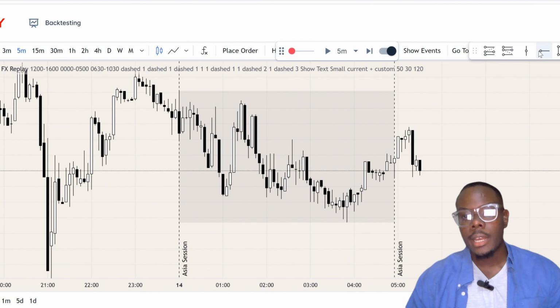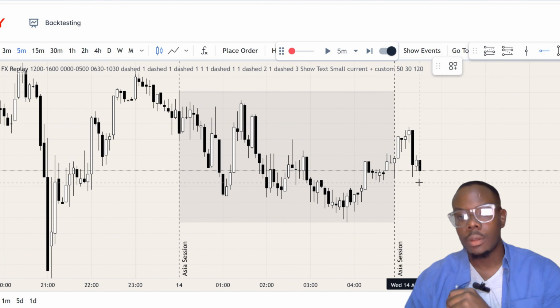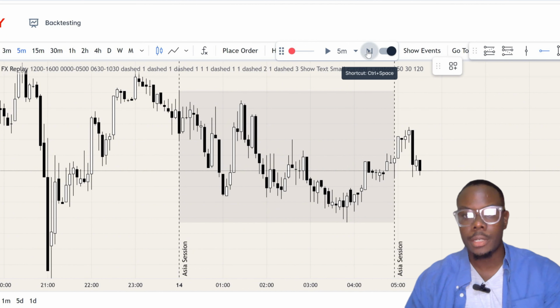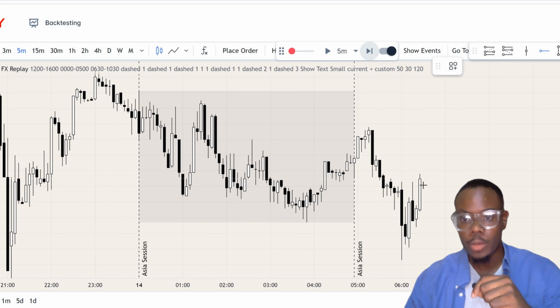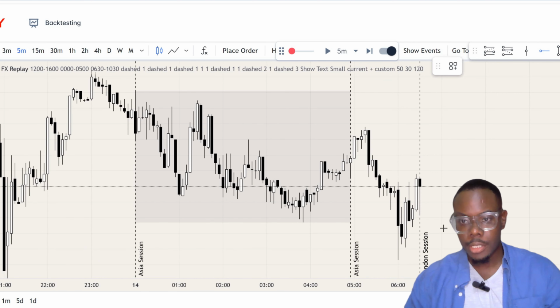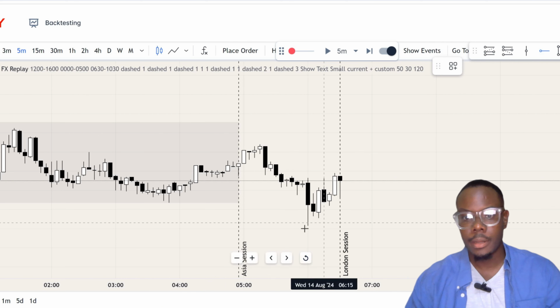And on the 5-minute time frame, we're looking for the low that's formed during the London session to sweep an already existing low. Okay, so this is the London session, right?